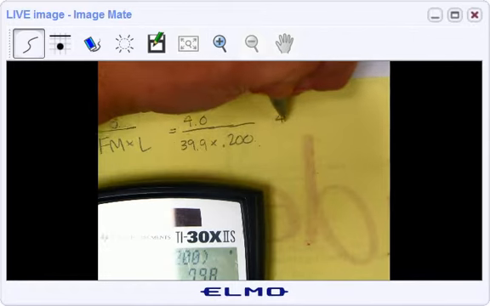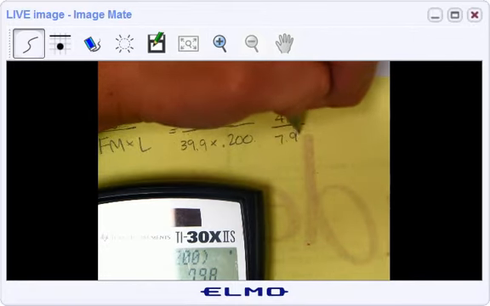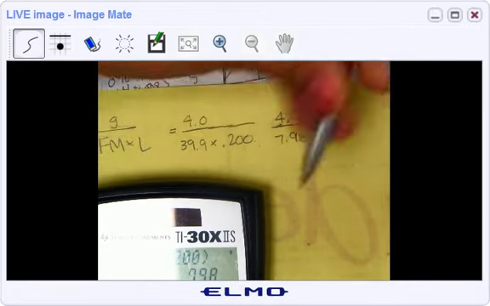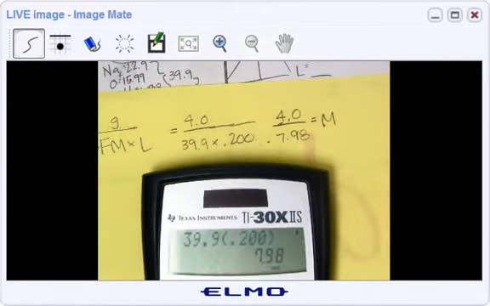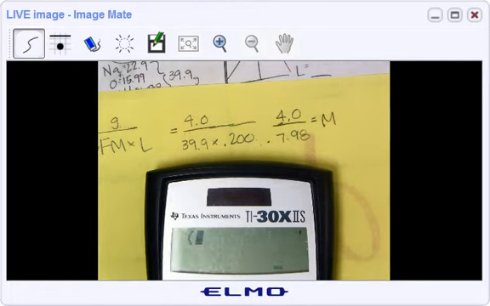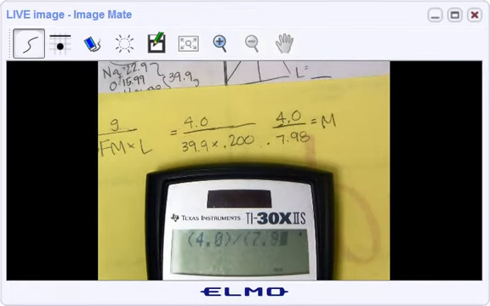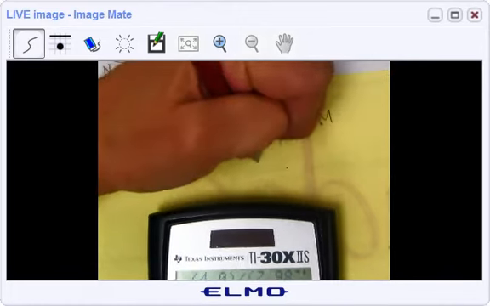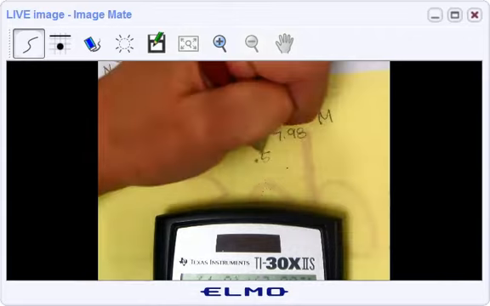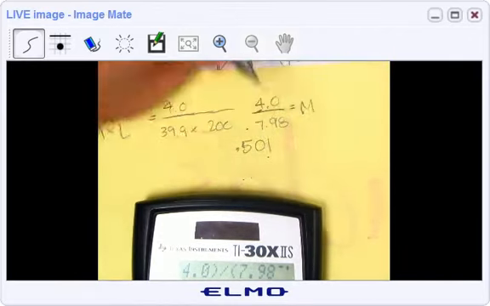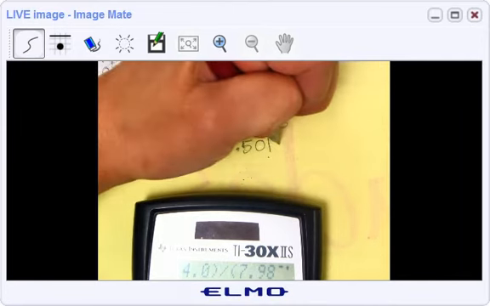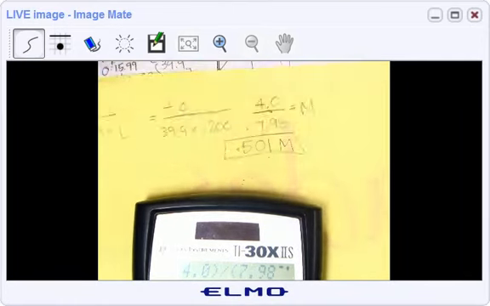So now I have 4.0 over 7.98 equals M. So then in my calculator, I'm just going to type that in all together. 4.0 divided by 7.98. And that gives me 0.501. That's fine. So that is my final answer.